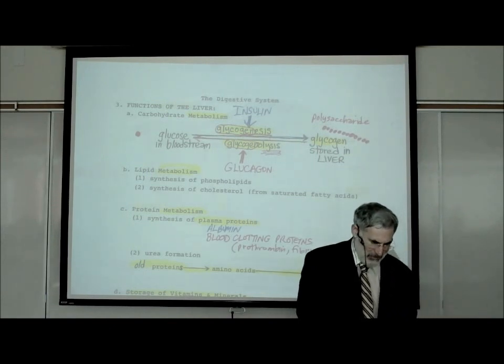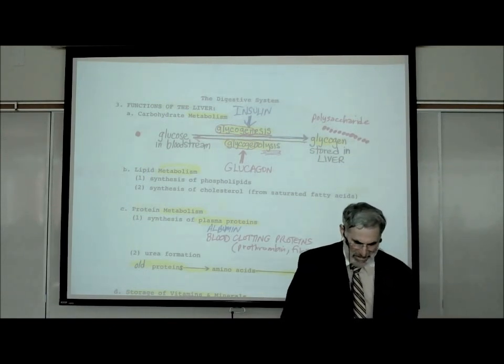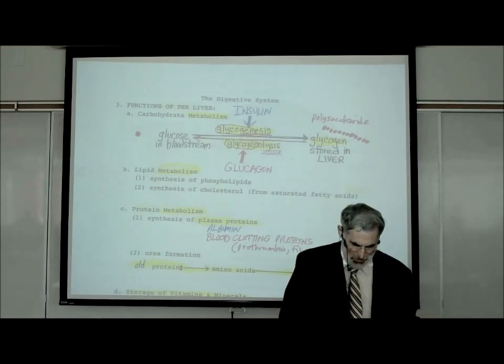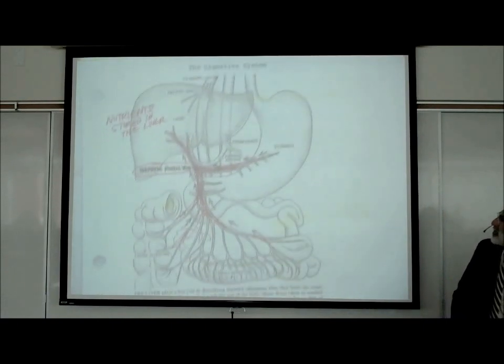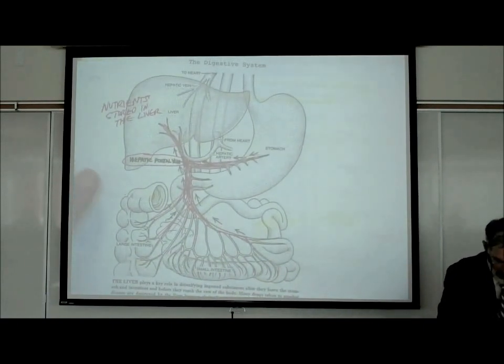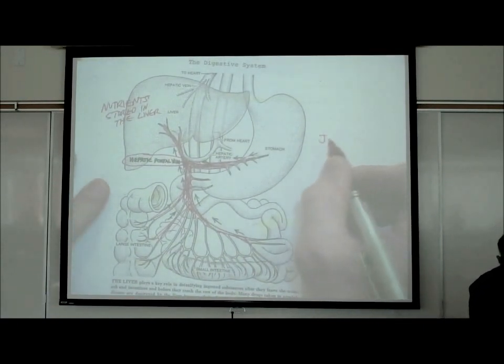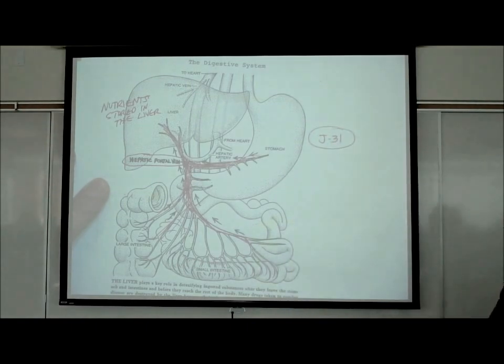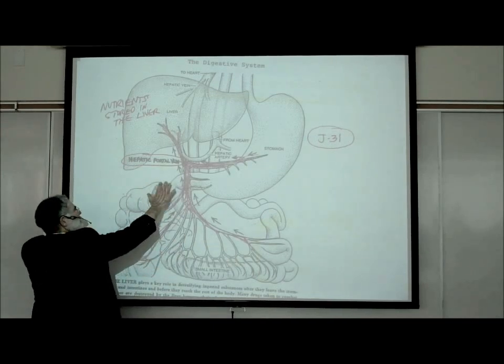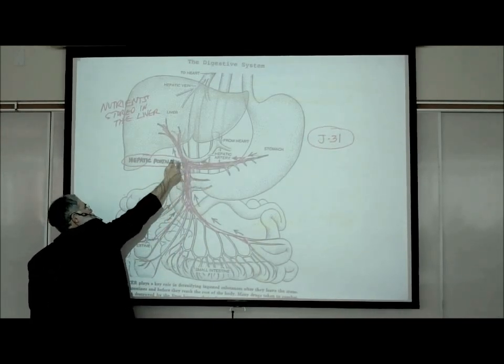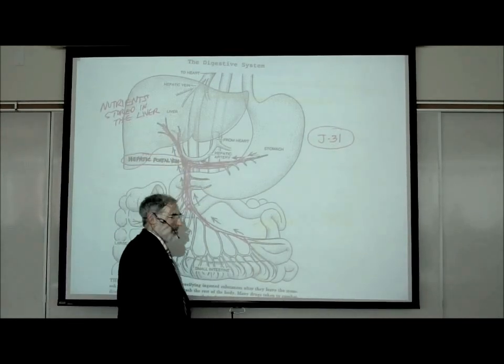So we talked about that previously. You do need to keep up, but the picture that we showed you of the hepatic portal vein was J31. So on J31, we saw that all the nutrients absorbed from the digestive tract are carried by the hepatic portal vein right to the liver.